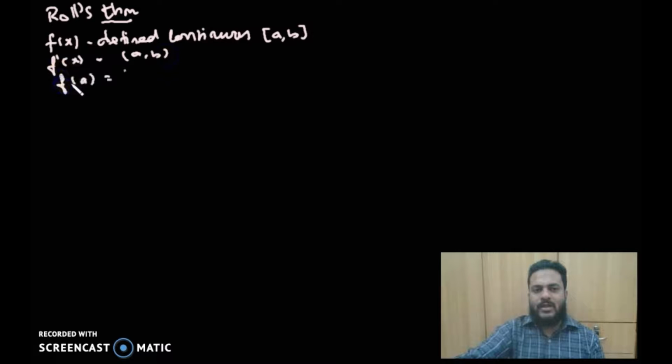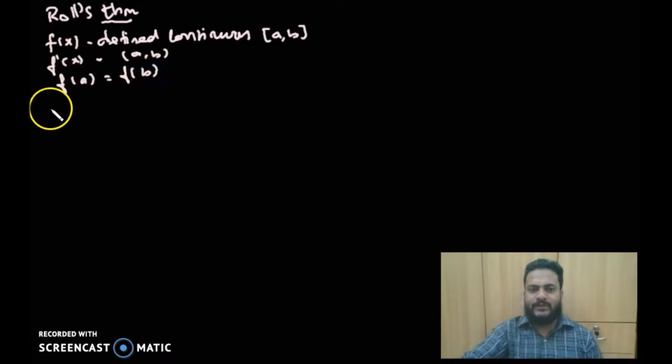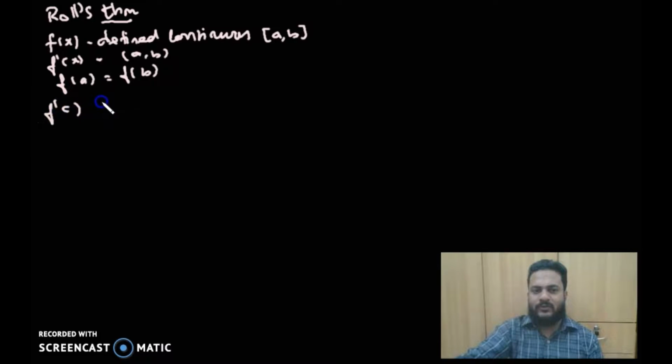F of a should be equal to f of b. If all these three conditions are satisfied, then f dash of c is equal to 0.